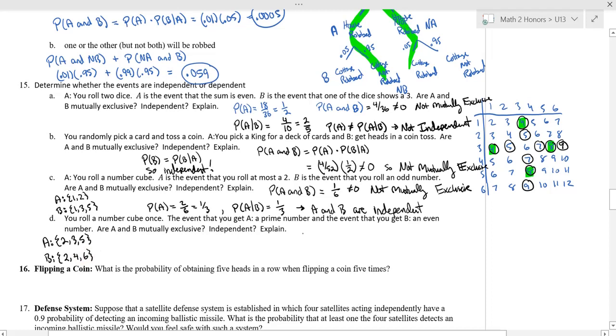Okay, so the probability of A and B, that you get a prime and an even. Well, there's only one even prime, that's a 2, so 1 out of 6. Notice that that's not 0, so A and B are not mutually exclusive.